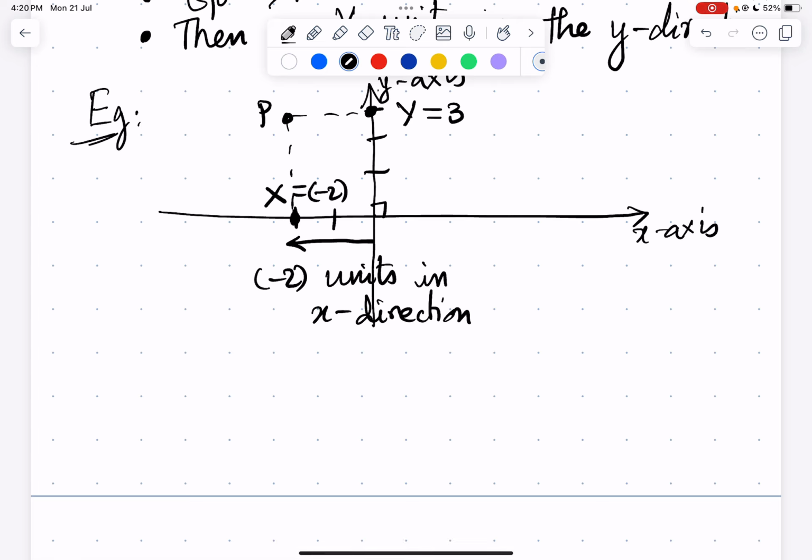Then move +3 units in the y direction. Moving -2 units in the x direction is the same as moving 2 units in the opposite of the x direction. So that is understood. So the address of P here is: begin at the origin, move -2 units in the x direction, and then move 3 units in the y direction. So this is the address of P.